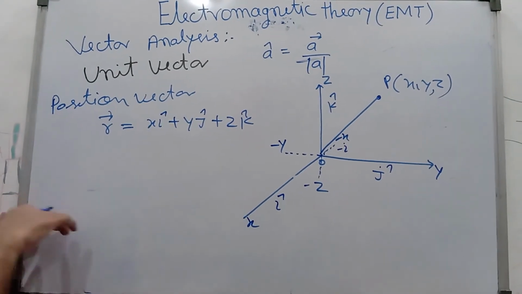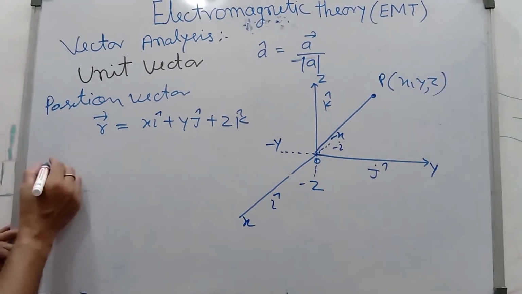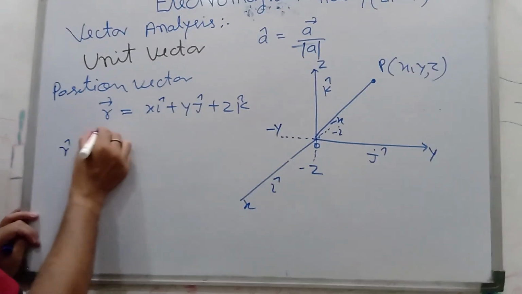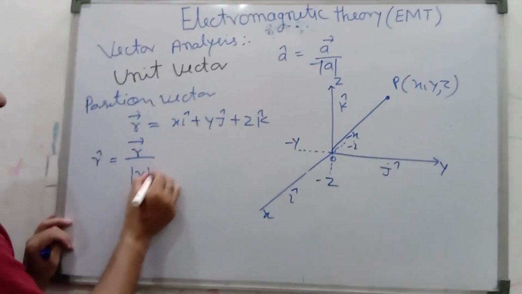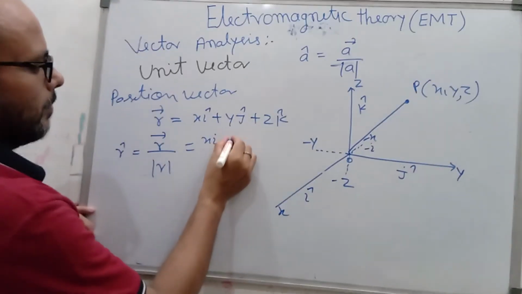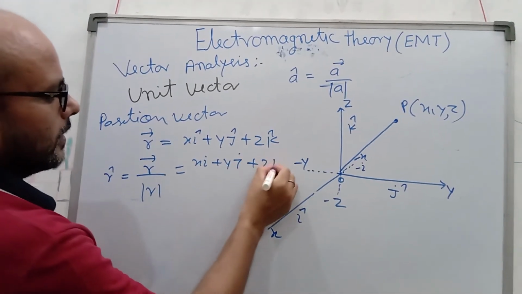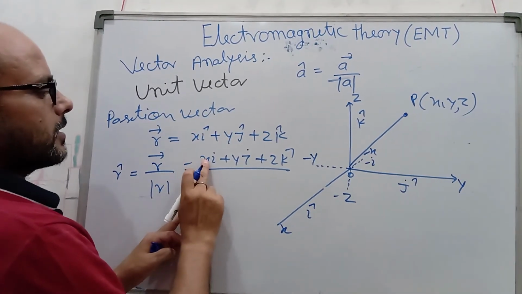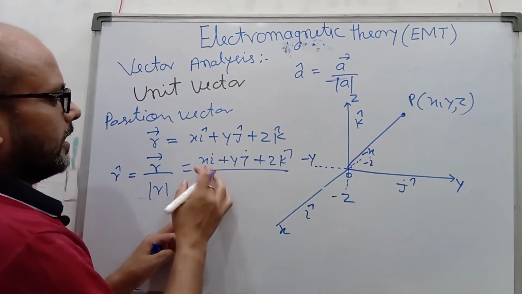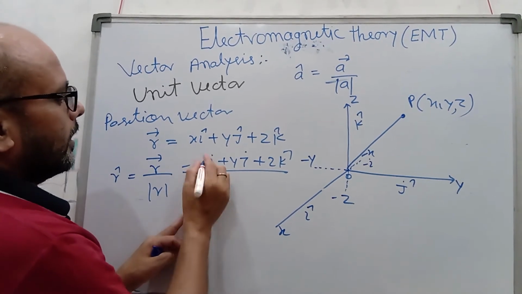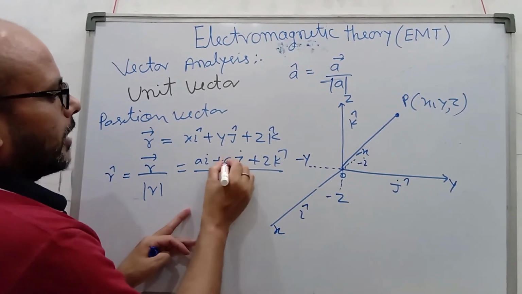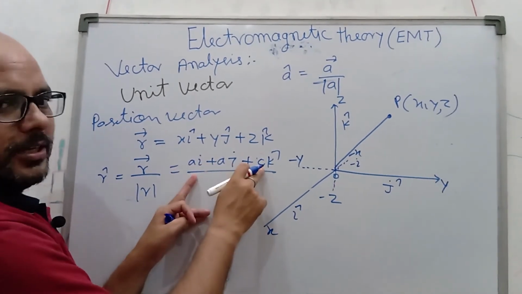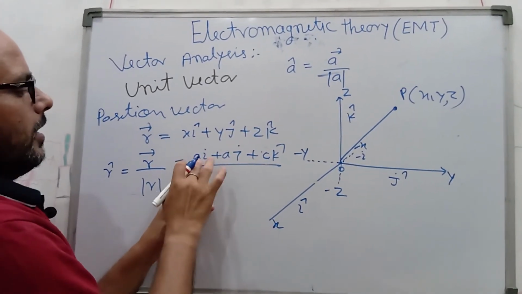So to find the unit vector, R cap equal to R vector upon mod R. So R vector, x I cap plus y J cap plus z K cap, upon the magnitude. Suppose the components are a, b or c, or maybe 0, a, c, or in the xy plane.